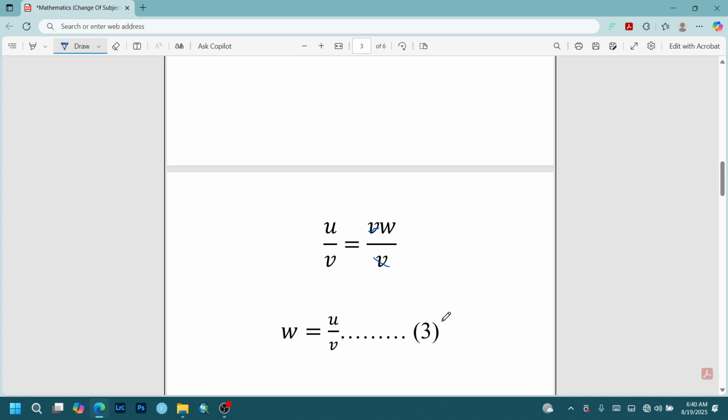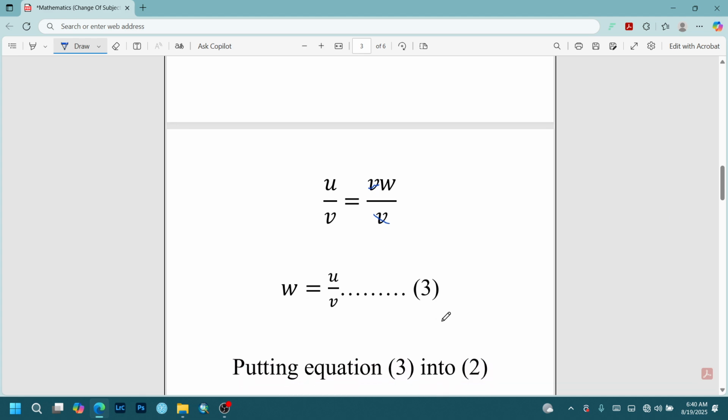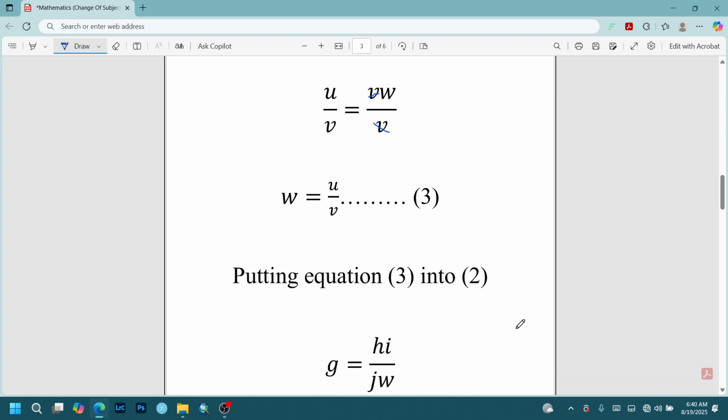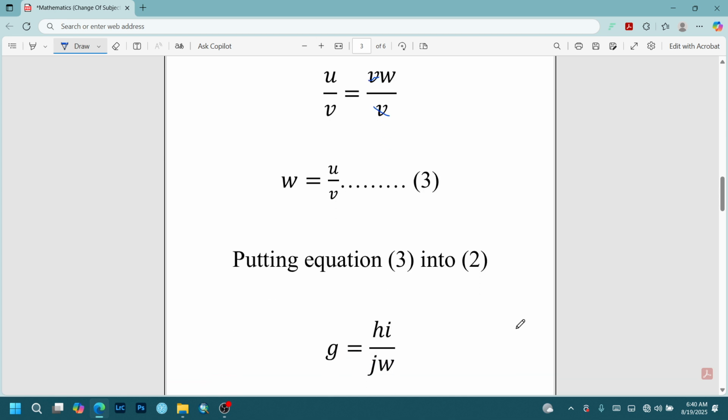So that means that wherever we see W in any equation in this question, we have to insert the fraction U over V into that spot, right? So putting equation 3 into equation 2, right? So equation 2 was giving us J equals the fraction HI over JW, right?